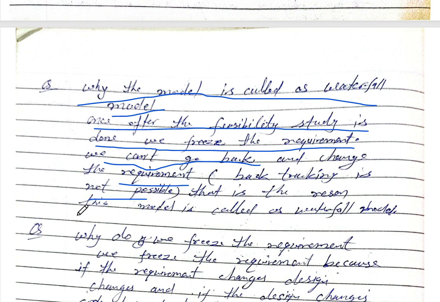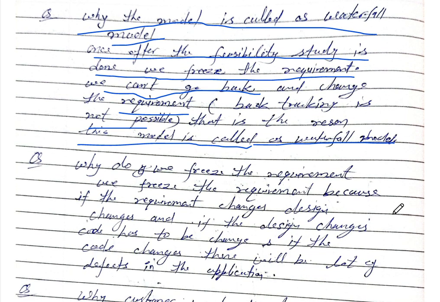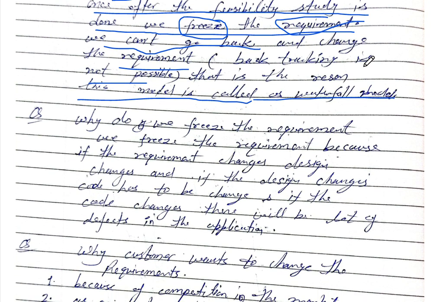That is the reason this model is called the waterfall model, because water cannot flow in the backward direction. Water always flows from higher to lower. That's why, after the feasibility study, we freeze the requirement, meaning the requirement cannot be changed.